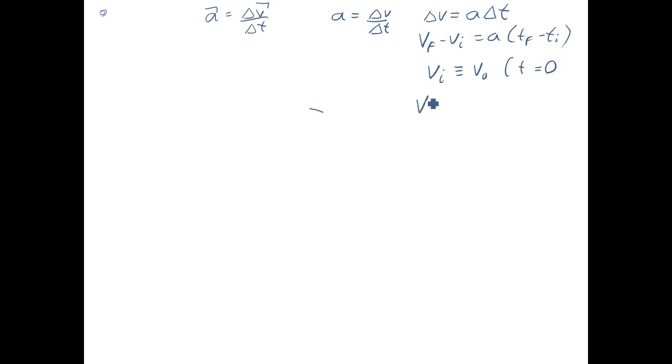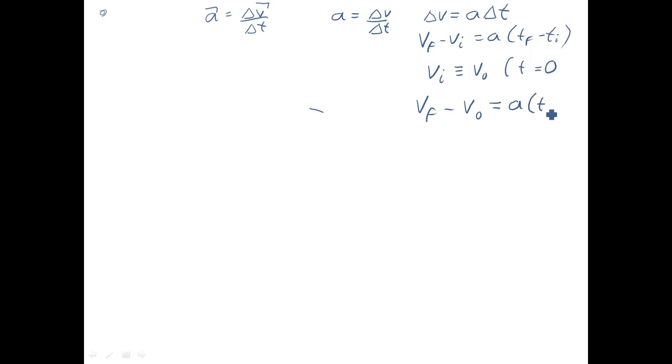So we can write v final minus v naught. We're going from v final back down to a velocity that corresponds to time equals 0. Just makes the equations a little bit more convenient.